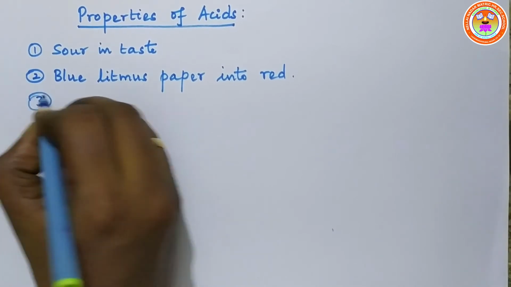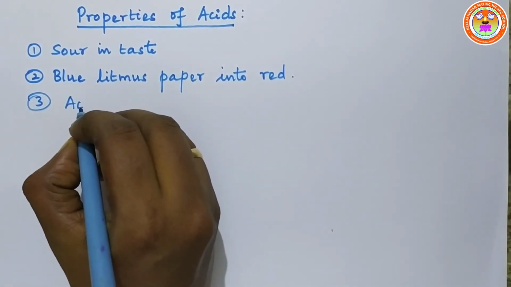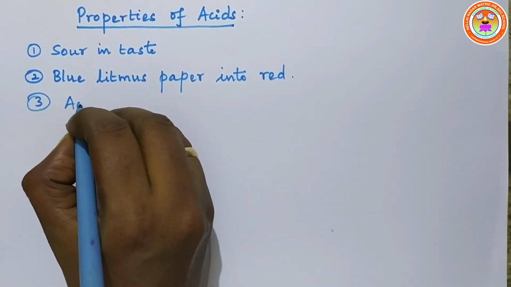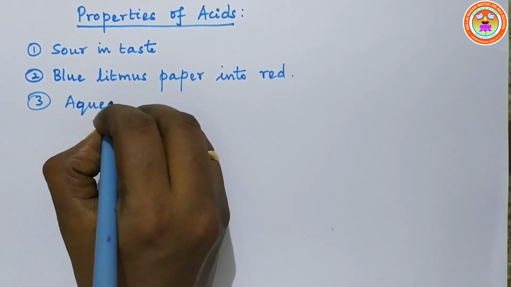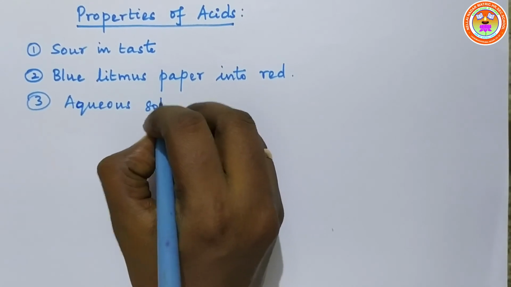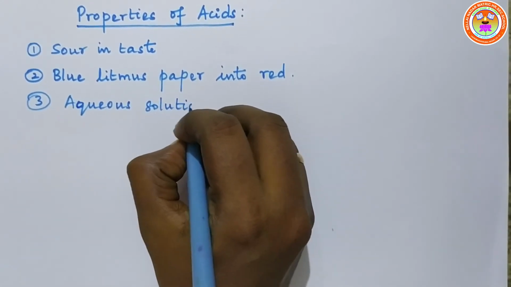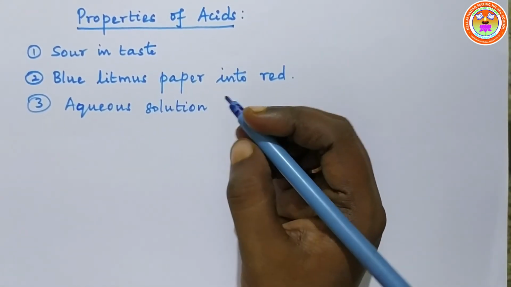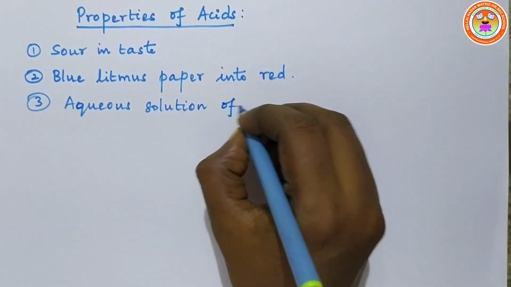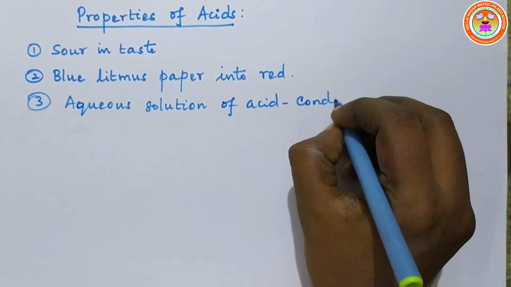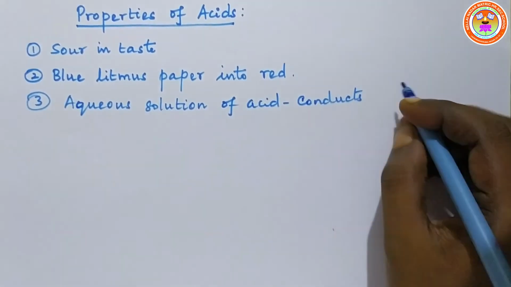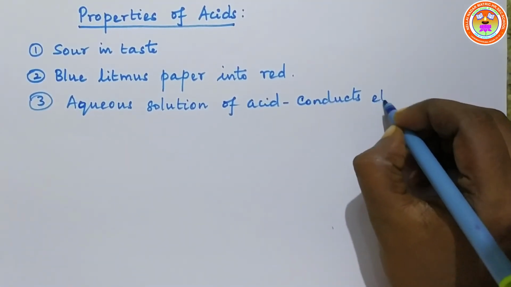Then, when an acid is dissolved in water, that solution is called the aqueous solution of that acid. The aqueous solution of an acid is a good conductor of electricity. It conducts electricity.